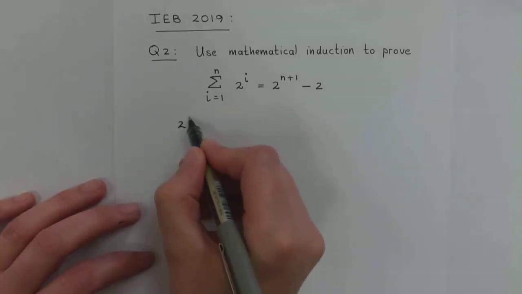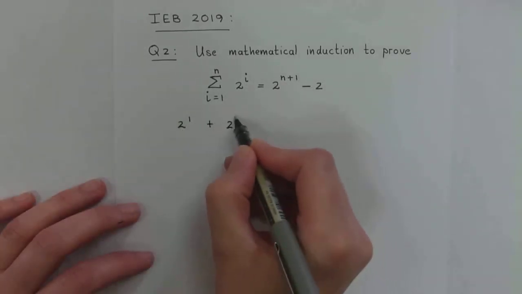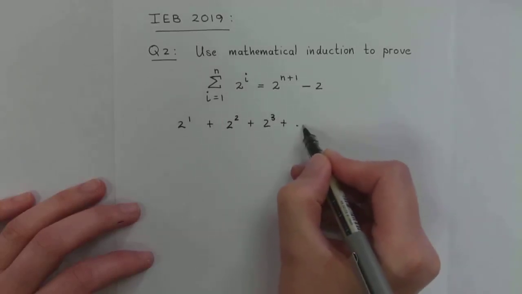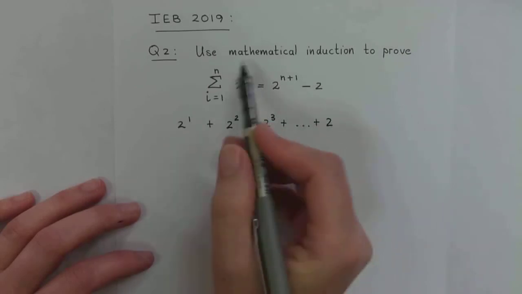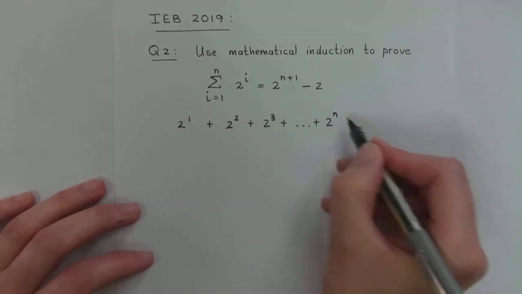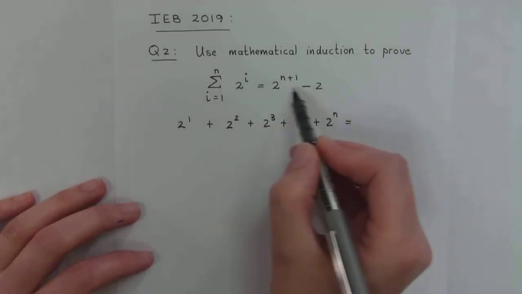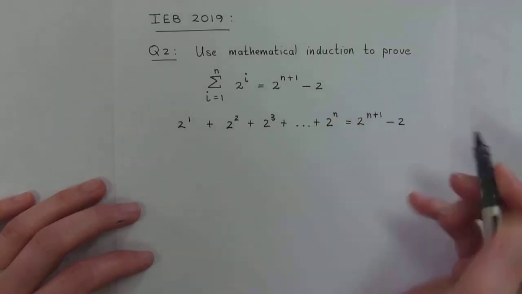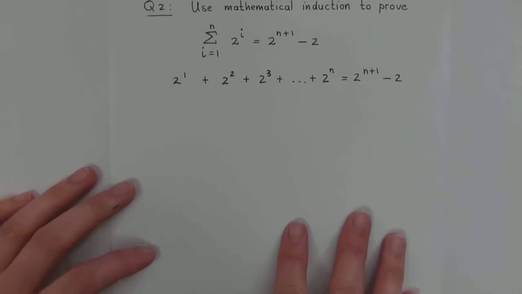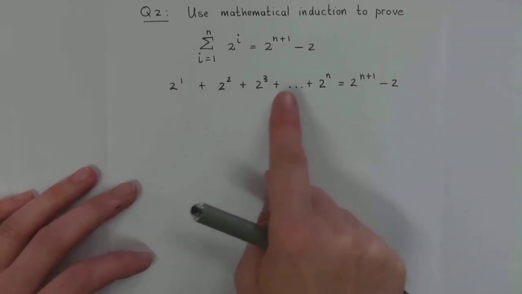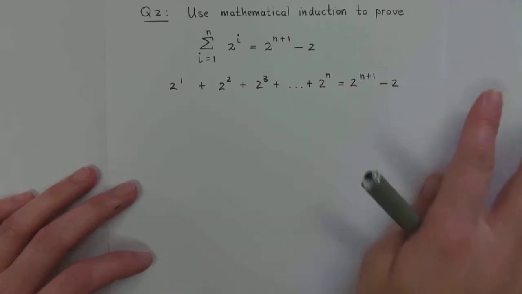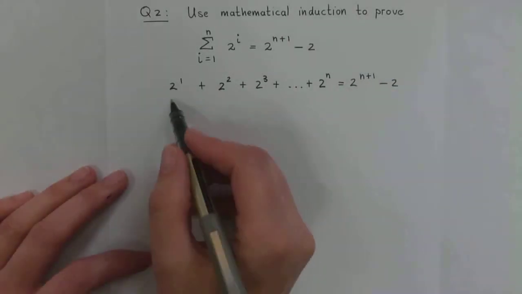So 2 to the power of 1 plus 2 to the power of 2 plus 2 to the power of 3 plus, skip a few, all the way to 2 to the power of n, must then be equal to this sum formula that they've given me, 2 to the power of n plus 1 minus 2. And this is what I'm trying to prove. I'm trying to prove that if I add the sum of the first n terms, then it's going to be equal to that formula. So let's go according to the process of mathematical induction.